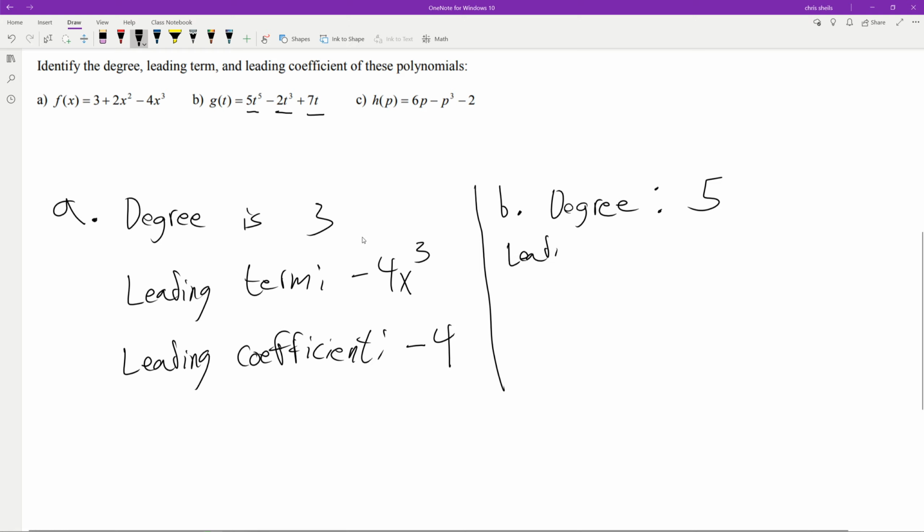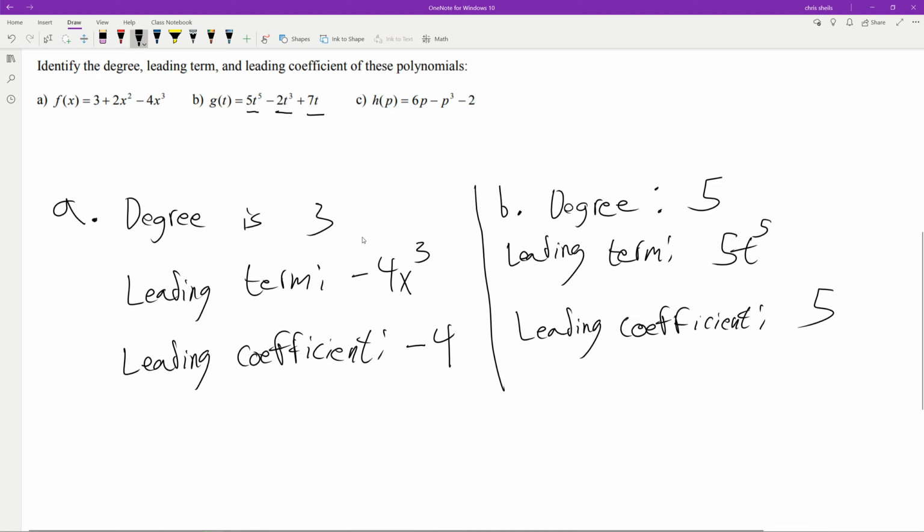The leading term is the term that contains that degree, or that power. So this means that my leading term is 5t to the 5th, and the leading coefficient is the coefficient of that term. This means that my leading coefficient here is 5.